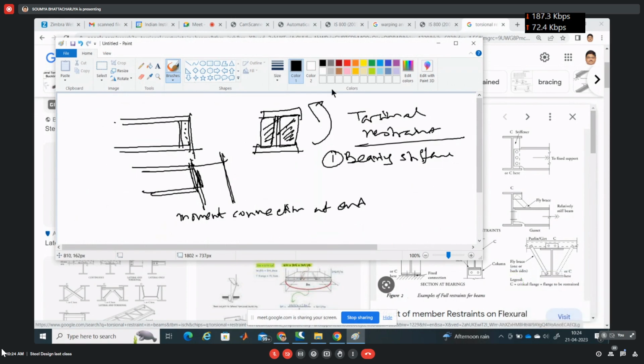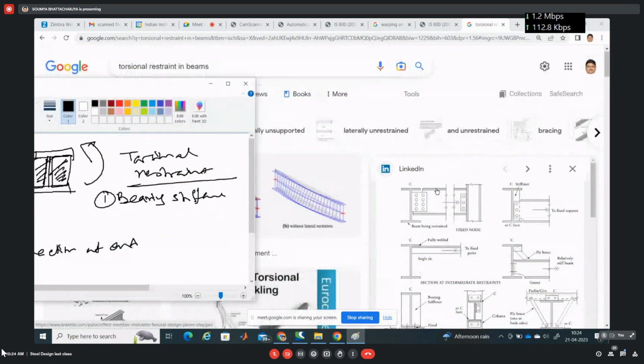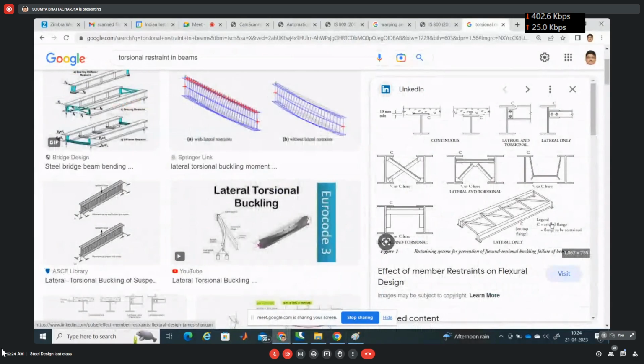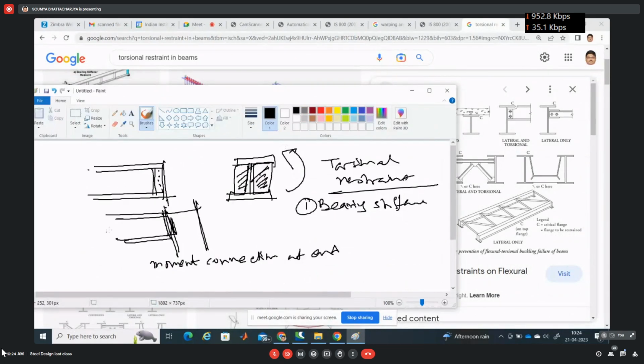So either by providing this type of lateral support that I have just shown, or by providing bearing stiffener or a moment connection at the end, I can prevent the twisting. So this is how I provide torsional restraint.